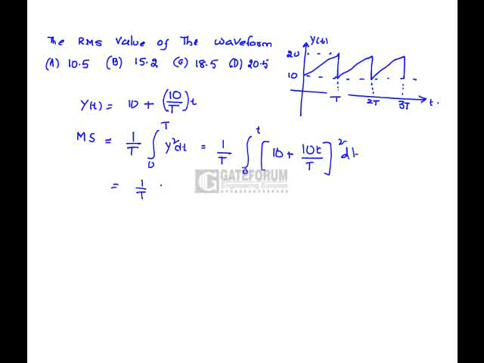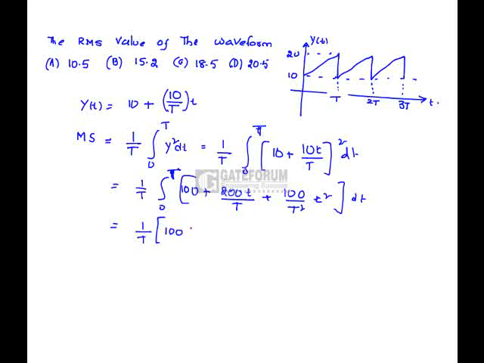So 1 by T, integral 0 to T, of 100 plus 200t by T plus 100t square by T square, dt. Integrating 100, we get 100t, plus 200t by T times t square by 2, plus 100 by T square times t cube by 3.